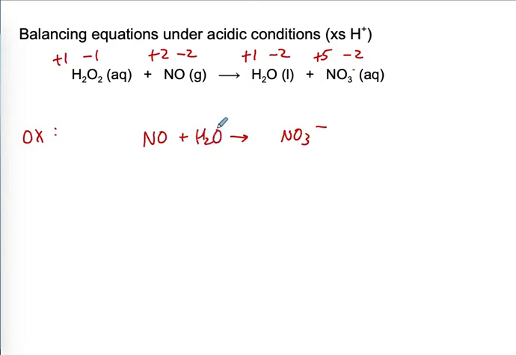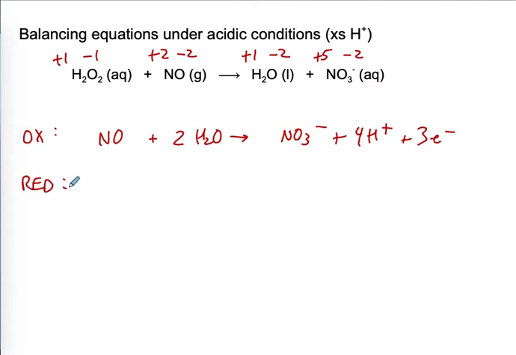I will balance hydrogen by putting 4 hydrogen ions on the product side. And in order to balance the charge, to have an overall charge of 0 on both sides, I will add 3 electrons to the product side. So there is my balanced half reaction for the oxidation of NO to NO3-.